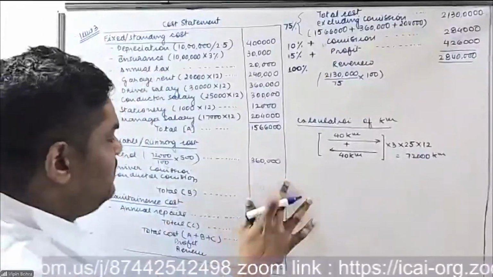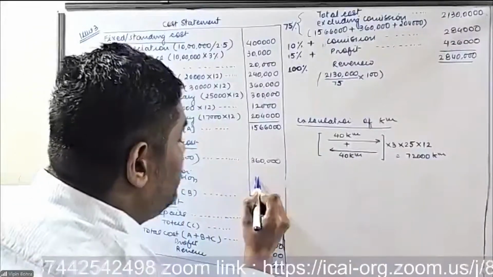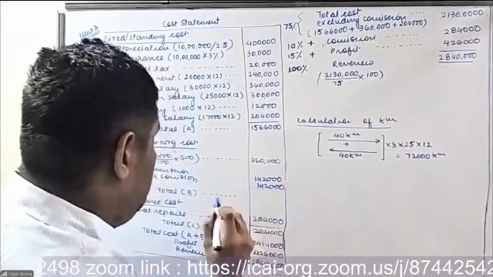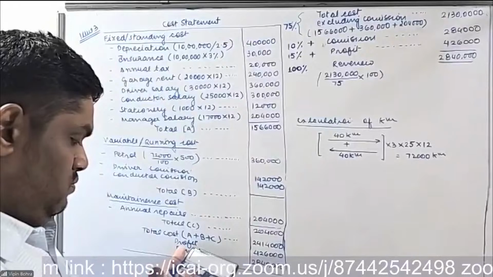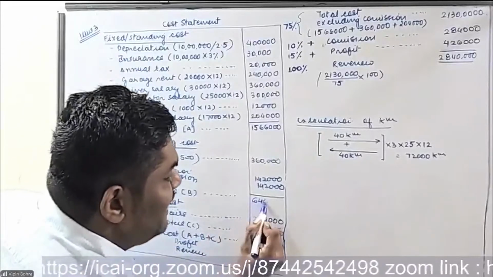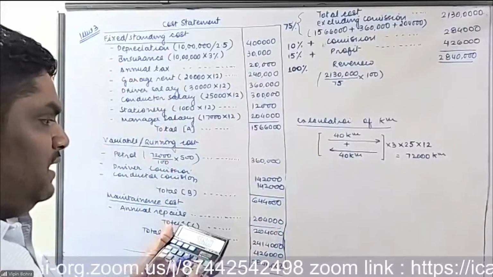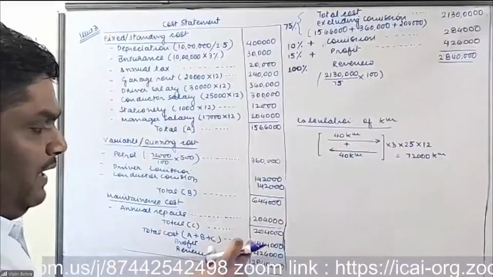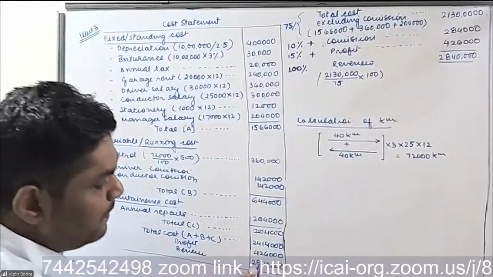So the commission for the driver will be 1,42,000 and for conductor also 1,42,000. So variable cost will be 6,44,000. So we can tally the total also. 15,66,000 plus 6,44,000 plus 2,04,000 will get 24,14,000. This is my profit and this is my revenue.